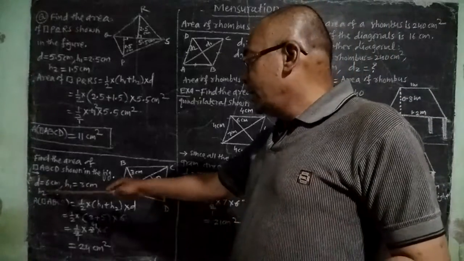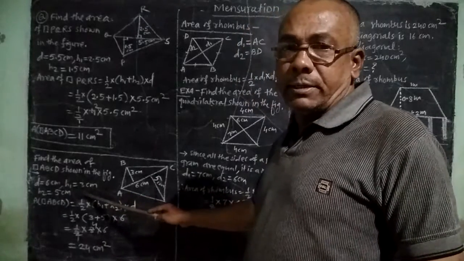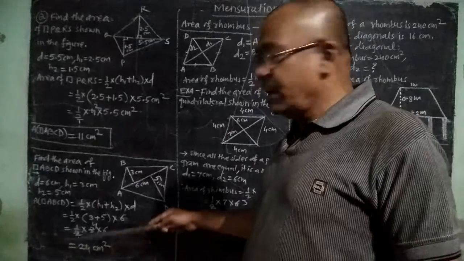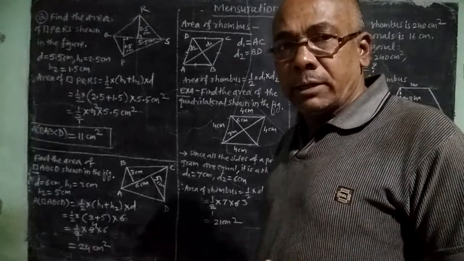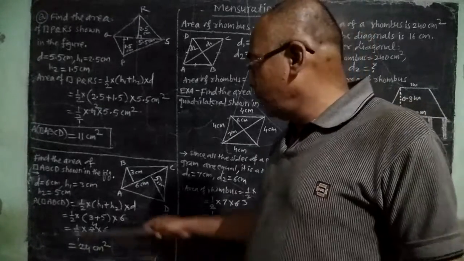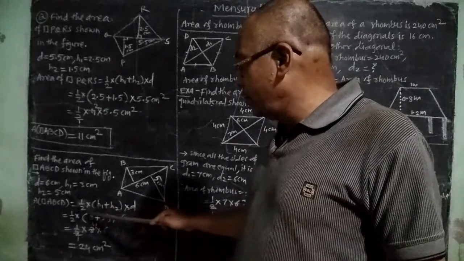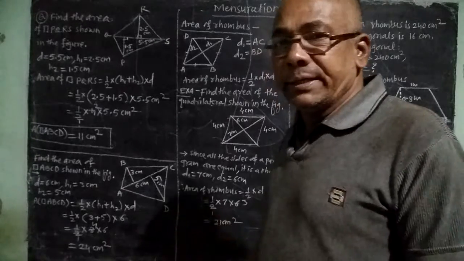Again here d is equal to 6 centimeter, h1 is equal to 3 centimeter, h2 is equal to 5 centimeter, and now we will write the formula of the area of the quadrilateral. So area of the quadrilateral ABCD is equal to 1/2 into (h1 plus h2) into d.